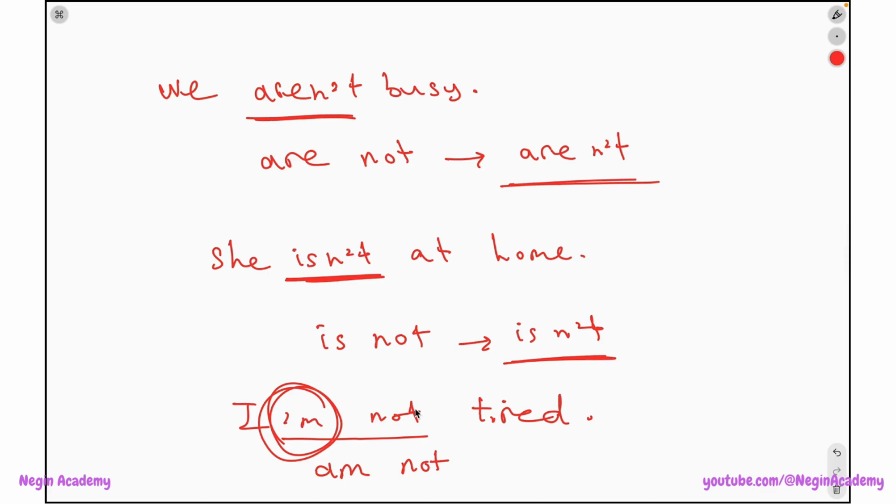We don't have any rule to contract it when it comes with to be am. So I'm not. We don't have such a thing to say. For example, let me write it with blue. We don't have I amn't. It's completely wrong. We don't have such a form in the English language. Whenever you have the to be am, the only option is the contraction of the to be, and you have to leave the negative sign, the not, alone.